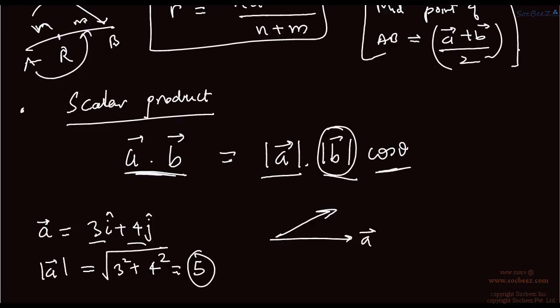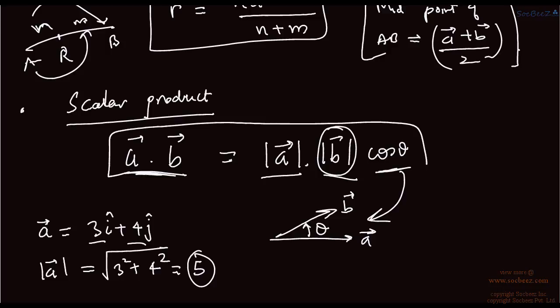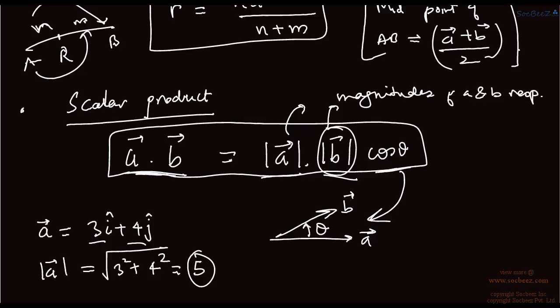This is A vector and this is B vector, and cos of that angle is in the formula for the dot product: mod A, mod B, cos theta. These are called the magnitudes of A and B respectively, and theta is the angle between A vector and B vector.